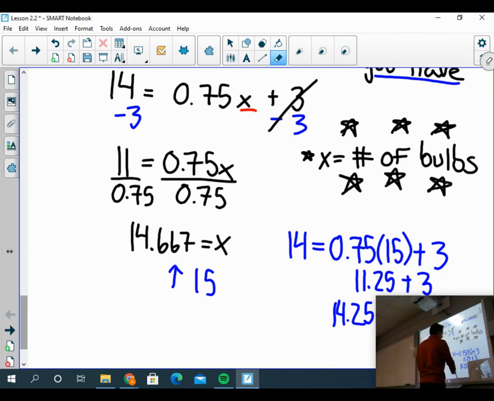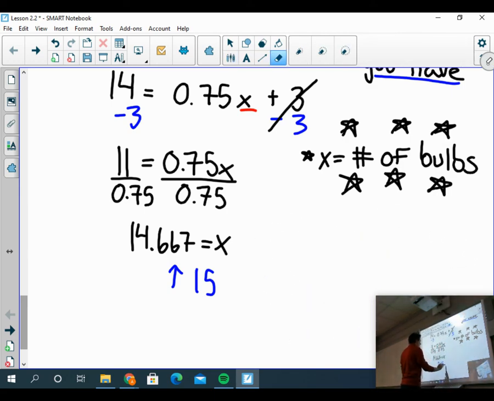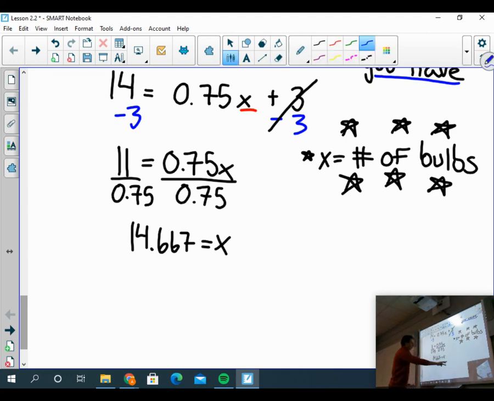I've only got $14. So you need to round down in this case. You might go, what? Why are we rounding down? Well, because of that logic right there. We can't exceed our $14. So if 14.667 is the max number of tulip bulbs I can get for my money, then guess what? I'm only buying 14 bulbs.